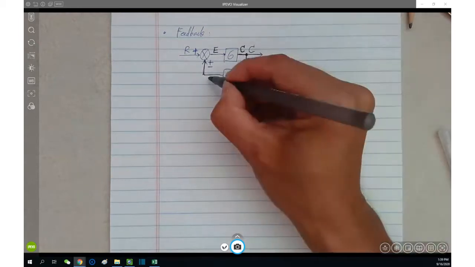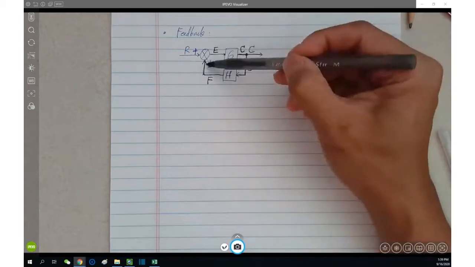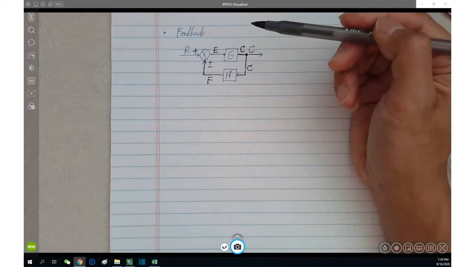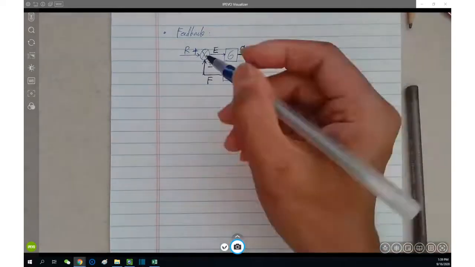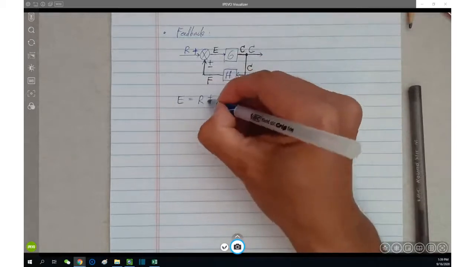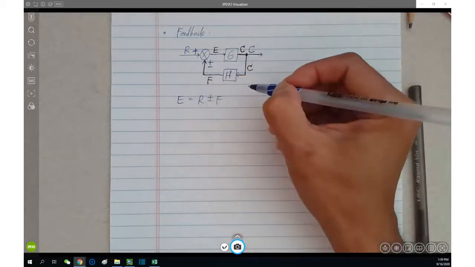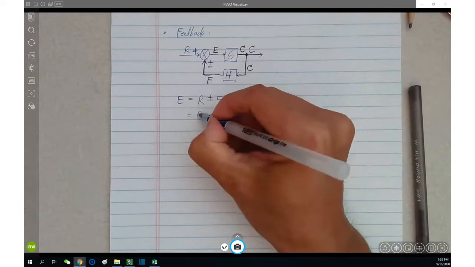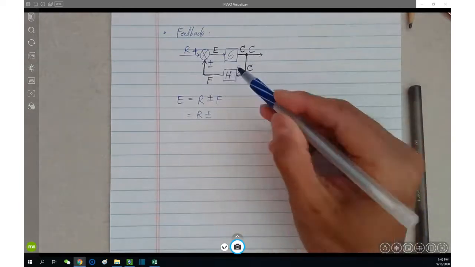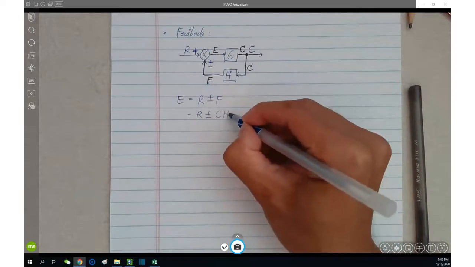This signal is called the feedback signal, to be compared with input R. Based on which we can derive E equals R plus or minus F. And F equals the output times the transfer function, which is C times H, right?